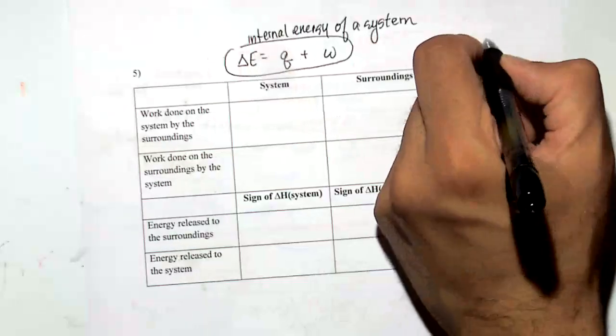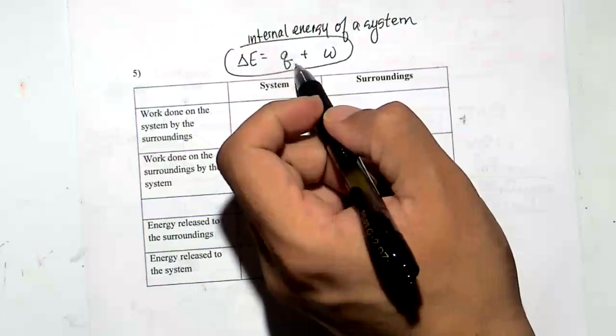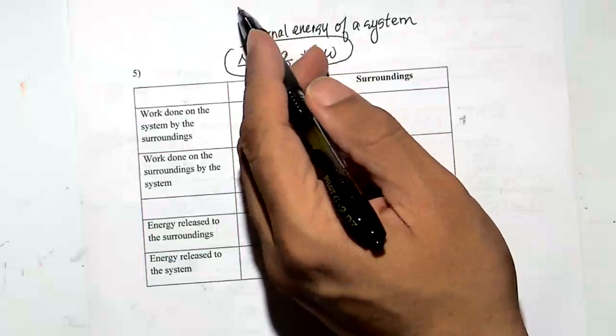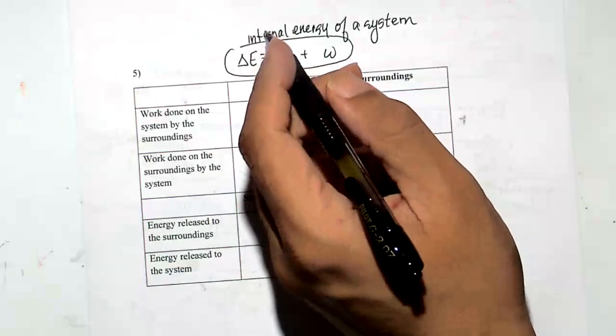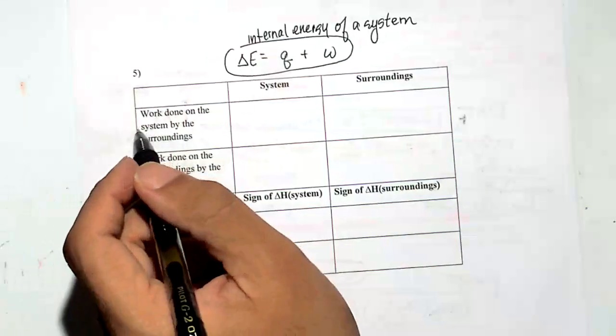Within that system, it can take in heat from the surroundings. It can give off heat Q to the surroundings. It can do work on the surroundings, or surroundings can do work on the system, which is the main chemical reaction. So we're going to fill this out here.